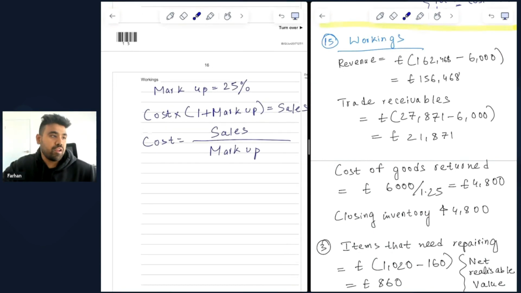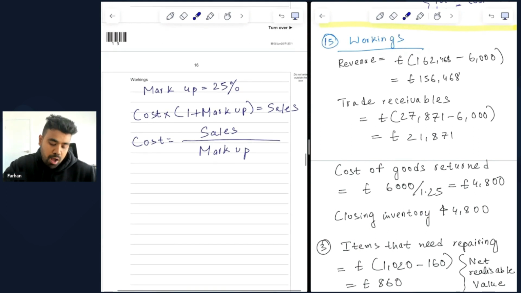Check the left-hand side of the screen. We know that markup is 25%, and if you take the cost and multiply 1 plus markup, you should get the sales, which means if you want to find the cost of the item that you have sold using algebra, you can find that by taking the sales and then dividing it with 1 plus the markup.